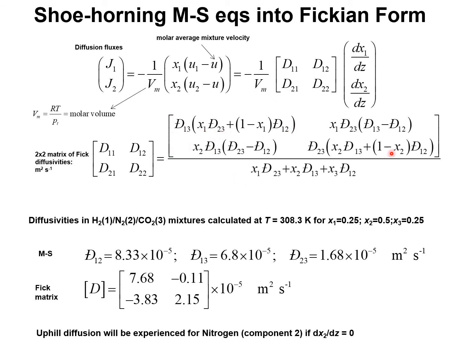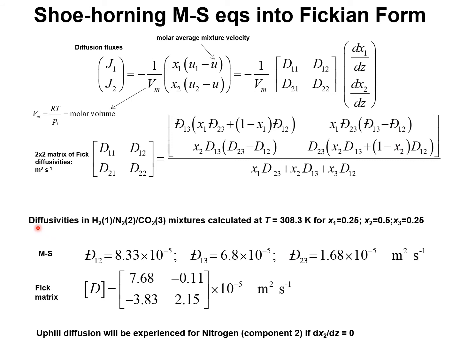This expression is given here. It's noteworthy that the diagonal elements are some kind of average of the Maxwell-Stefan diffusivities, whereas the off-diagonal elements are proportional to differences in the pair Maxwell-Stefan diffusivities.